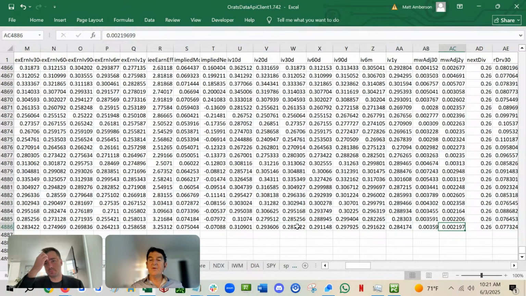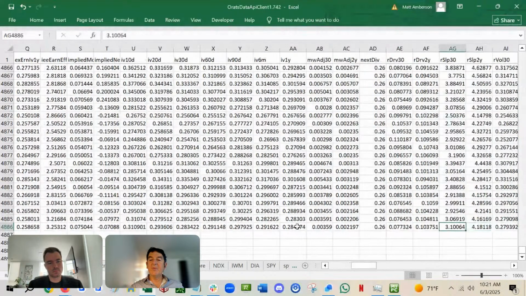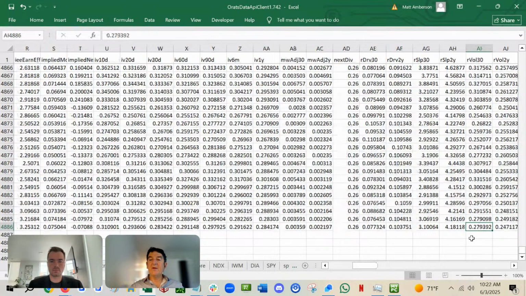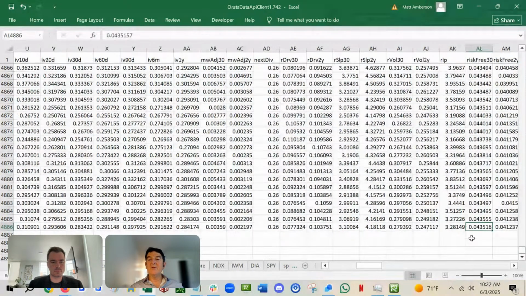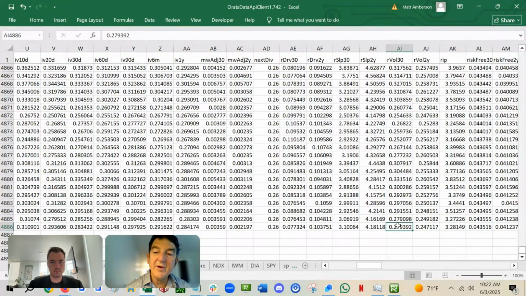Wow. Here's that derivative and slope. So the slope is about 3.1, and it's cool to be able to see how it's changed over time. So there's that. And then we have a different calculation, which some people ask us about, which is between RVol 30 and IV 30-day.